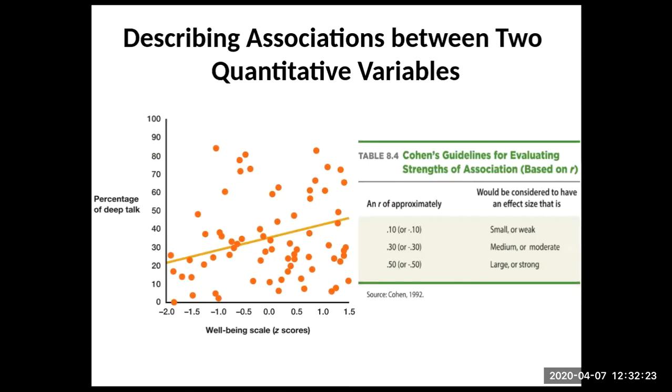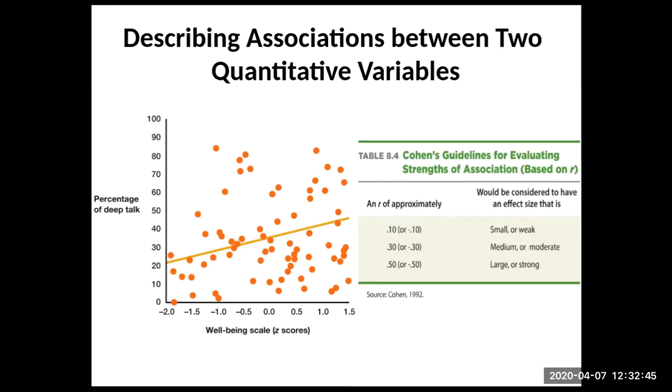We don't have an R value here, but there is a guideline, and you may have heard of Cohen's guidelines for evaluating the strength of an association. The R values are as follows. For an R that falls around 0.10 or negative 0.10, it's a pretty small or weak association.